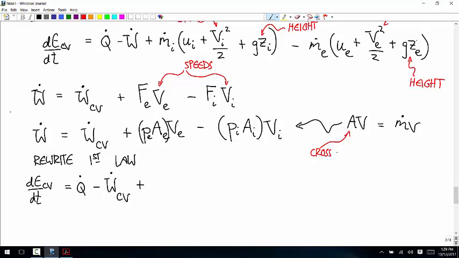One question. Yeah. So we're able to rewrite the force at the inlet and the exit as the pressure times the area, even though it's not like the pressure is pushing against a solid wall at the inlet? Yeah, I mean, that's what pressure does. Pressure just pushes on the things around it, perpendicular to the boundary, no matter what that boundary is doing.